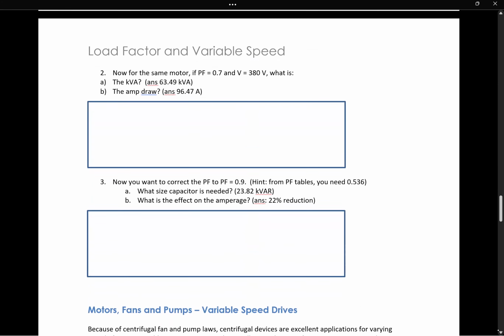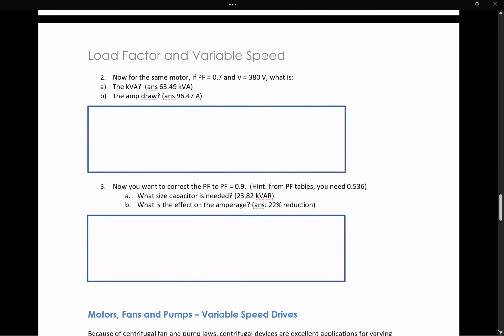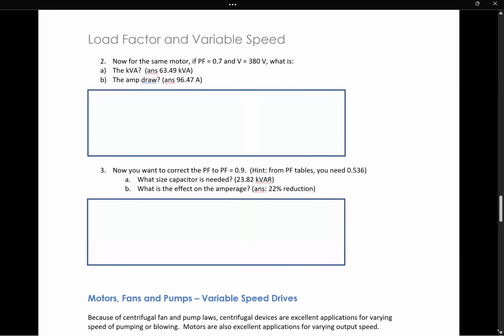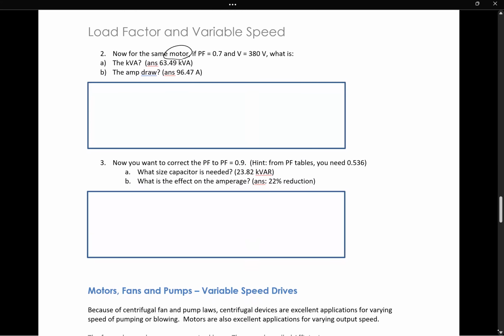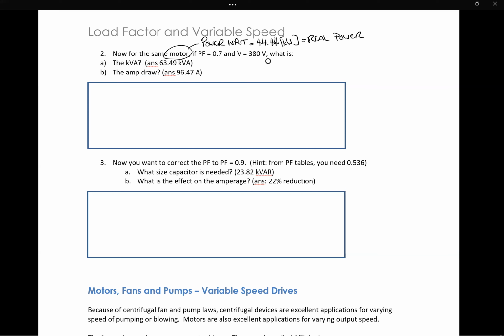Now we're going to use the same motor. Since it's the same motor, we remember that the power input is equal to 44.44 kilowatts. We can call that our real power in our power triangle.